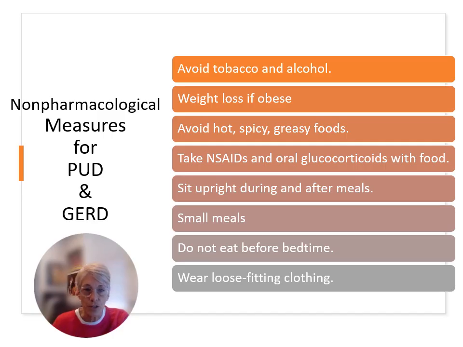Gastroesophageal reflux disease. So both of them can be worsened by tobacco and alcohol. So we're going to just tell them to avoid it, you know. Weight loss, right? Avoid other things that cause irritation to the GI tract.